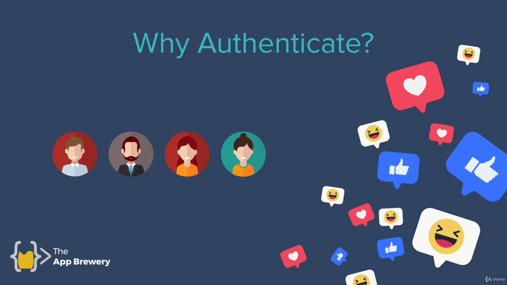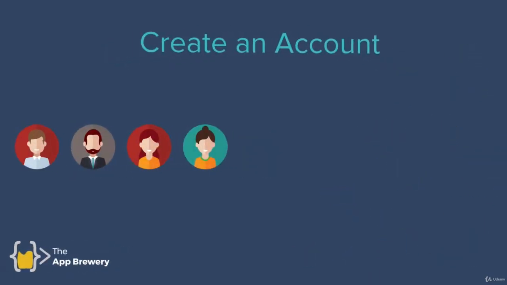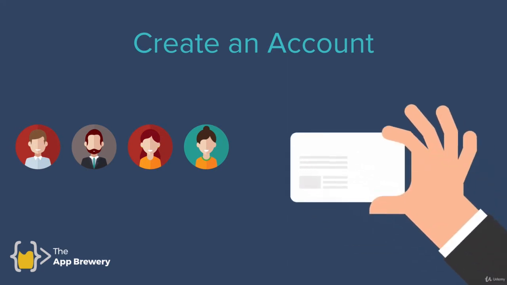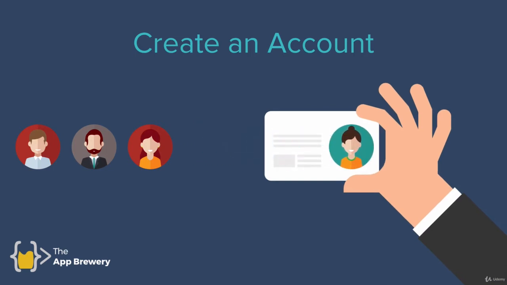In order to associate those pieces of data with individual users, we need to create an account for each user. They would sign up to our website using a username and a password, and we would essentially create kind of like an ID card for them to uniquely identify them on our database and to save all of the data that they generate onto that account.